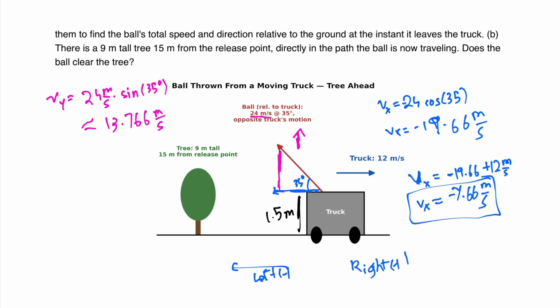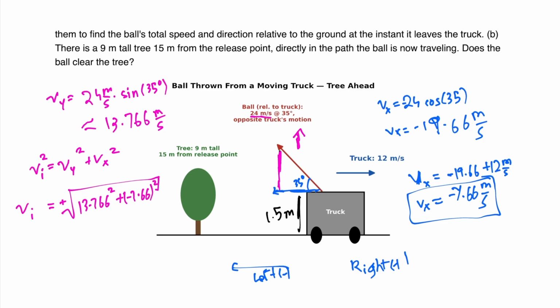So velocity total initial squared is equal to velocity y squared plus velocity x squared. So velocity initial is equal to the positive square root of 13.766 squared plus negative 7.66 squared.